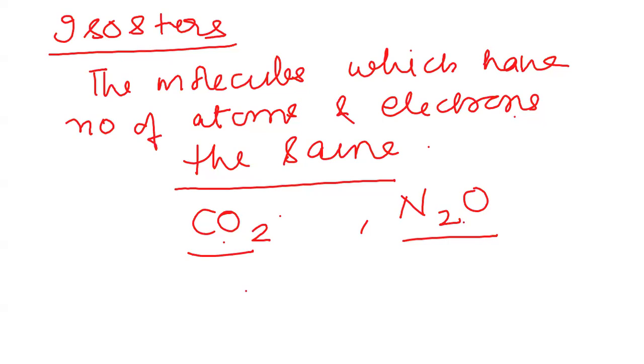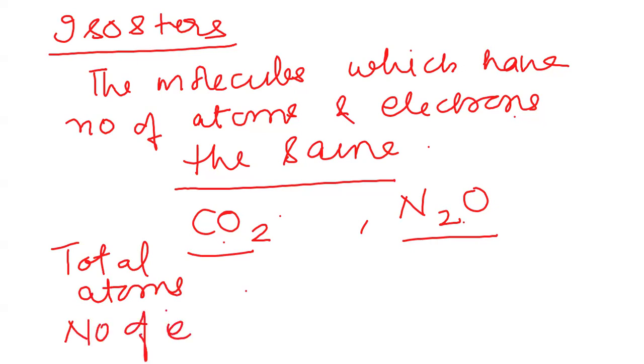In both, the total atoms should be the same and the number of electrons should be the same. The number of electrons in carbon will be 6, as shown in the previous question, so we'll have to take 6C to balance the number of atoms and electrons.